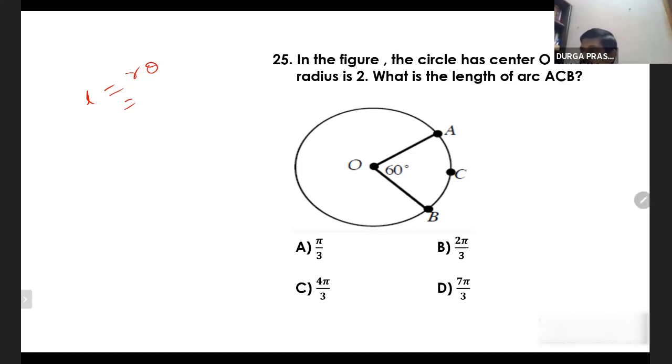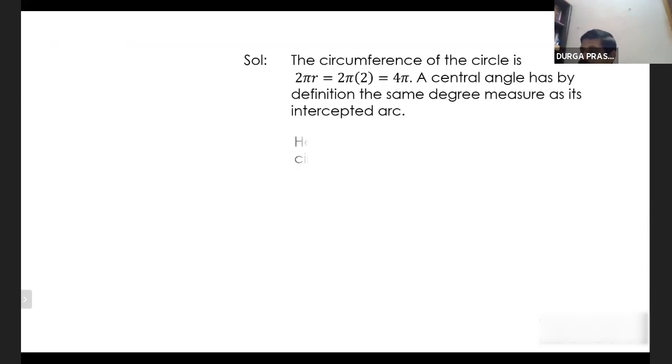So the arc length is 2 into pi by 3. So that is option B. That is what you'll get there. Let us go to the next one.